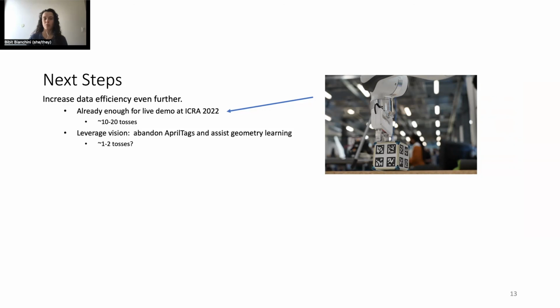But we want to go even further than this, and we are thinking about leveraging vision so that we could abandon our April tag usage right now and supervise some of this geometry learning from our camera data directly. And maybe we could improve this data efficiency by an order of magnitude.